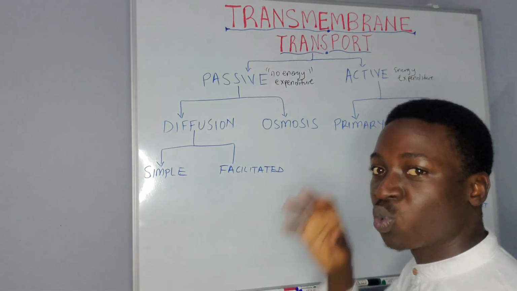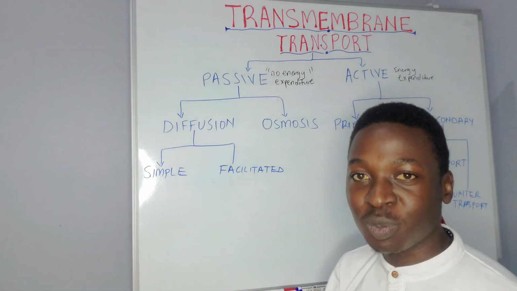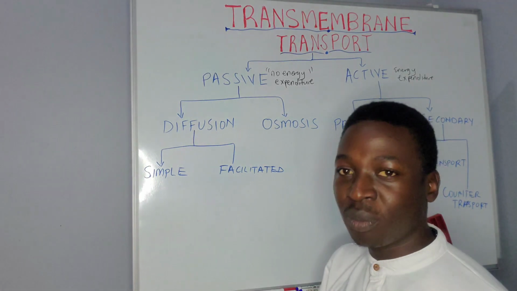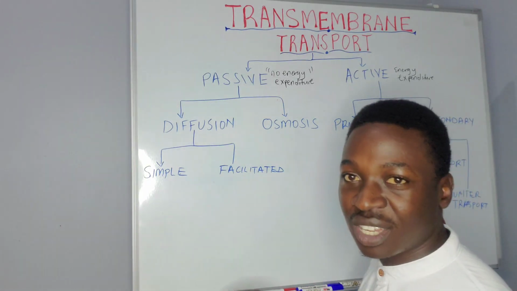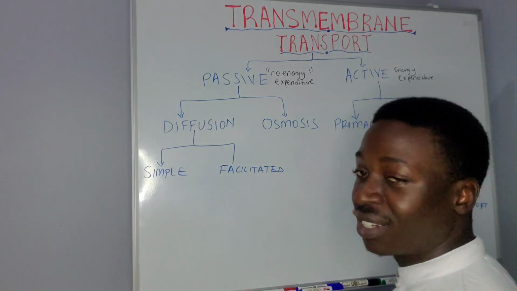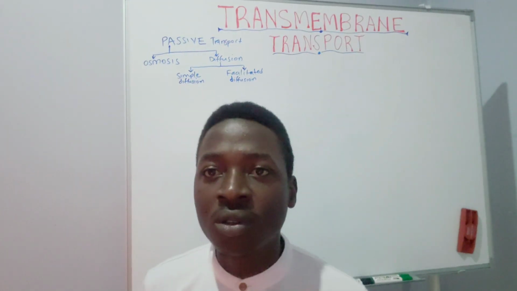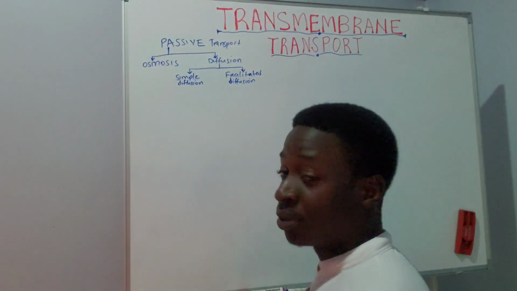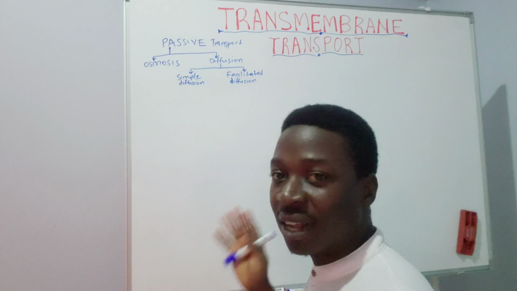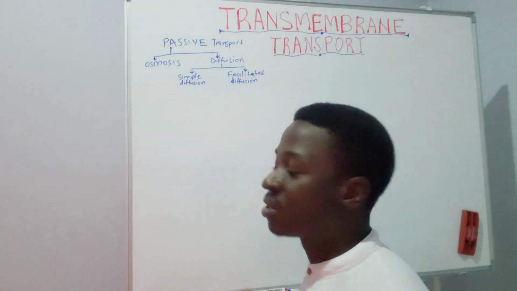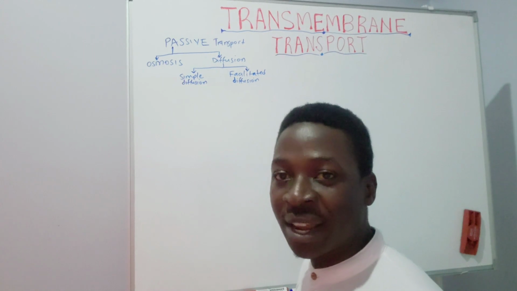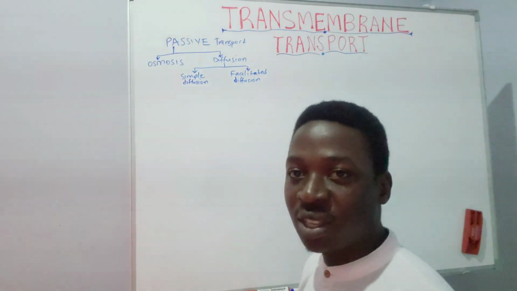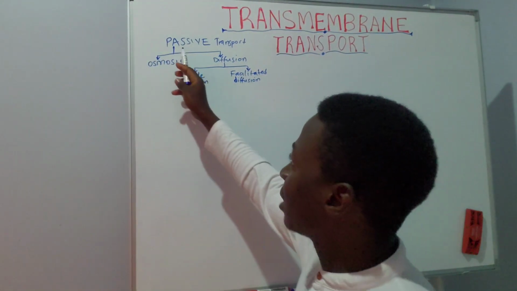Whereas active transport is where energy is expended, or where ATP is cleaved to release energy that is utilized in catalyzing the process of transport. So we have broadly classified membrane transport into passive and active. Passive does not require energy expenditure, whereas active requires energy expenditure.